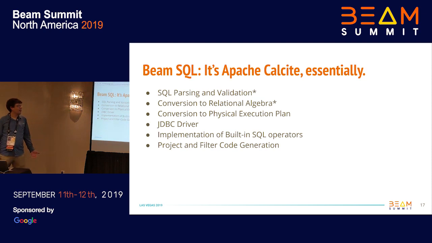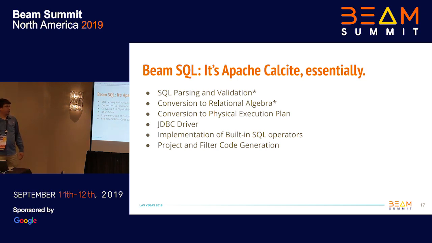It converts our parsed SQL to relational algebra. It converts the relational algebra to a physical execution plan using rules that we've written. So there's a Calcite optimizer that takes that logical plan that it generated, applies our rules, and converts it to a physical plan. It provides the JDBC driver that powered that shell.